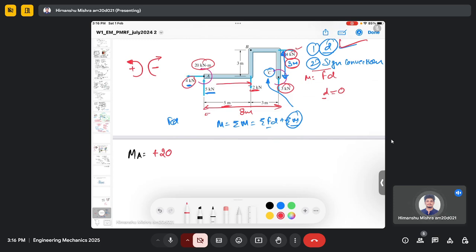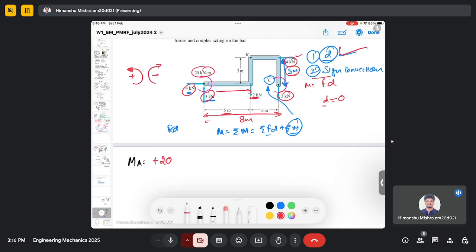Now these two forces will not create any movement, so we will not be bothered about them. Then there will be a movement due to this 2 kilonewton force, and you can see it is pointing in the downward direction. So the rotation about point A will go like this, right? So it is creating a clockwise movement which is negative.